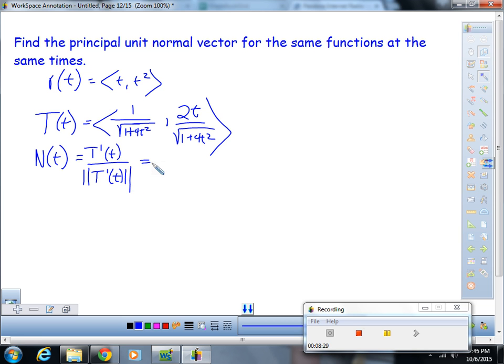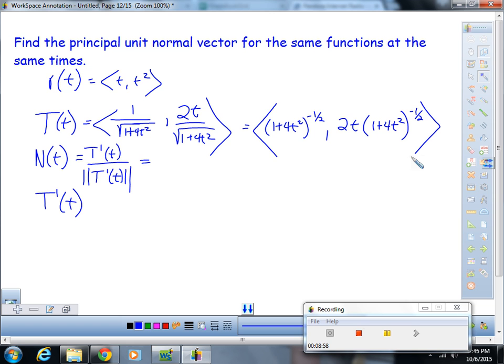So, let's just find T prime of t, and to do that, it will help us to rewrite this as 1 plus 4t squared to the negative 1/2, comma, oh my gosh, chain rule, 2t times 1 plus 4t squared to the negative 1/2. And now you guys are starting to see why this is such an ugly chapter. So let's catch my mistakes.